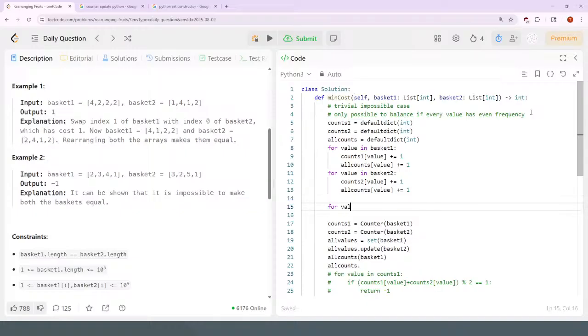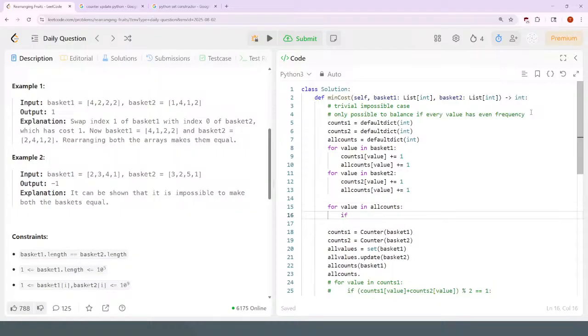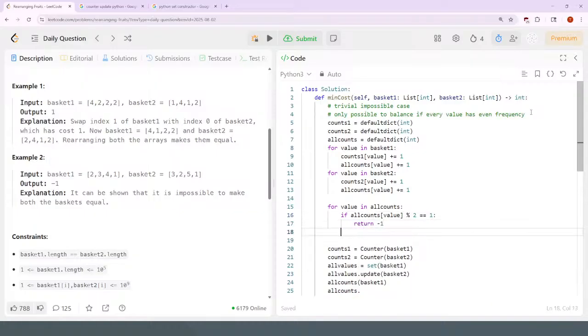And then for every value in all counts, if the frequency of that value, all counts of that value, is odd, return -1. Okay.